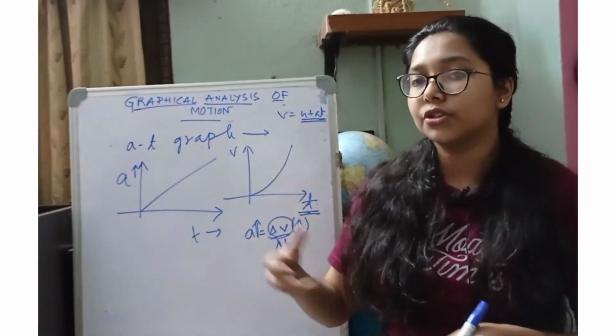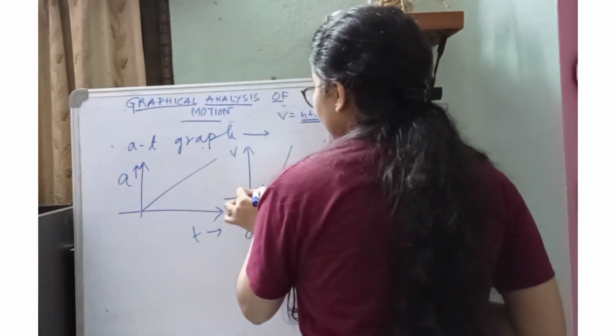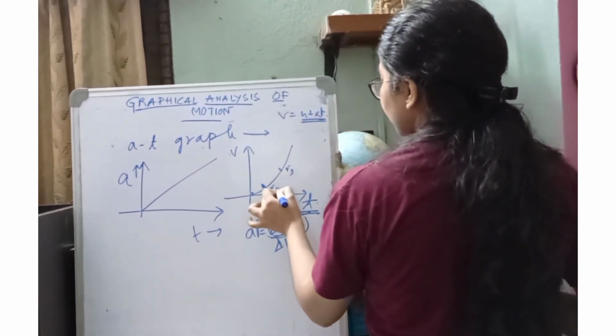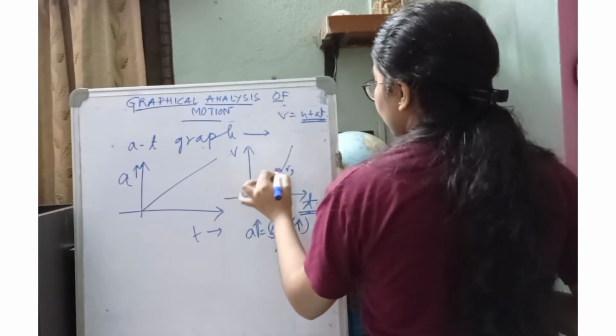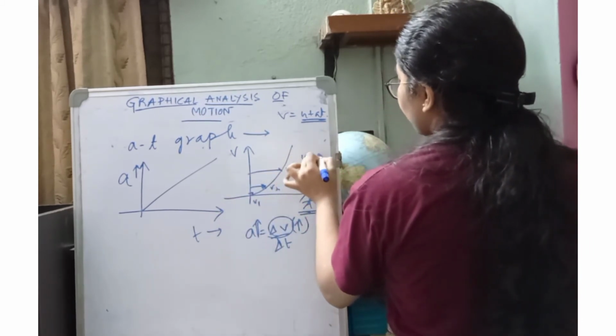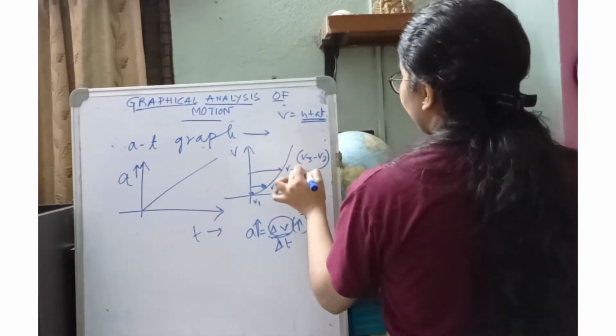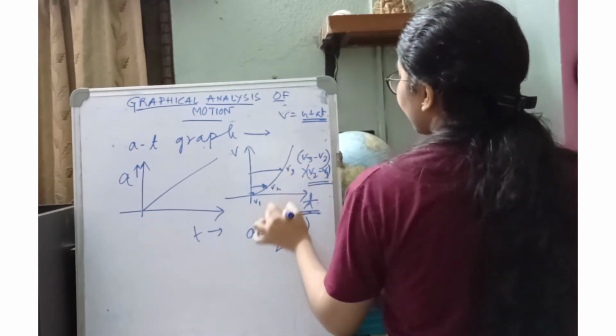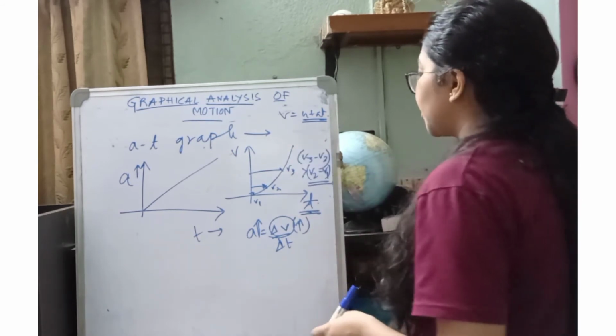Because delta V must also increase, V2 minus V1 and V3 minus V2, if I do, V3 minus V2 must be greater than V2 minus V1, because delta V is increasing, the difference will also increase.